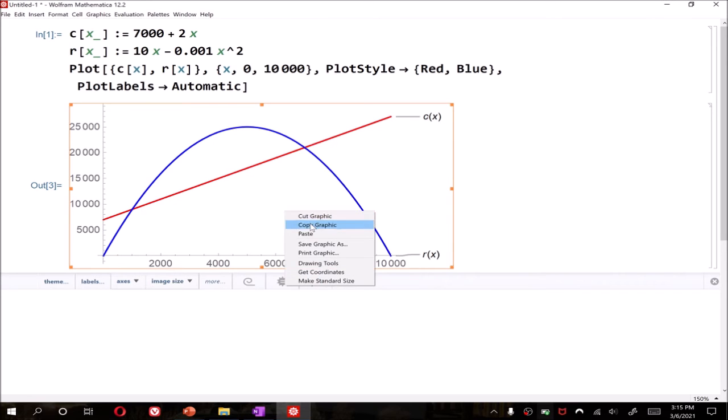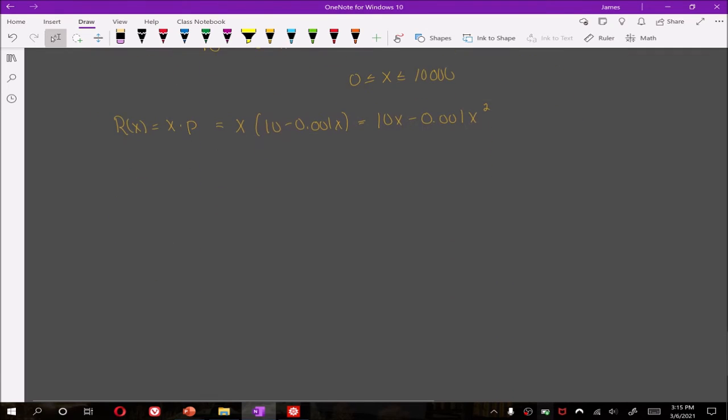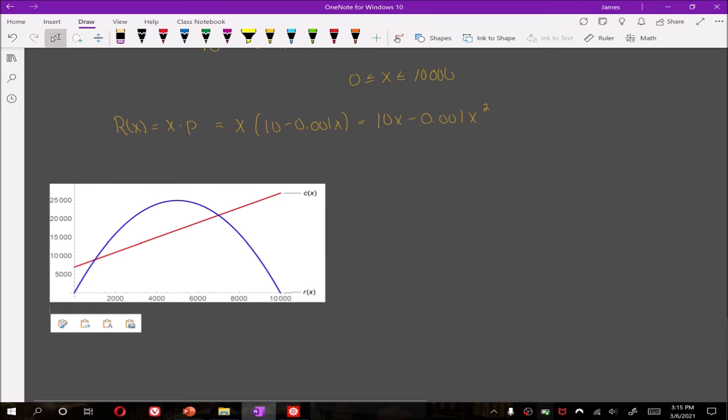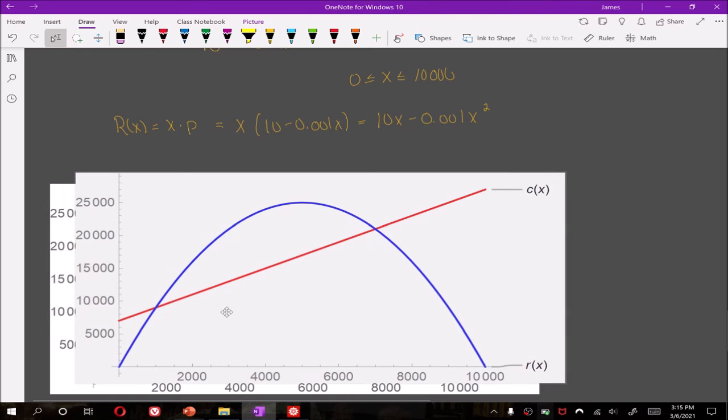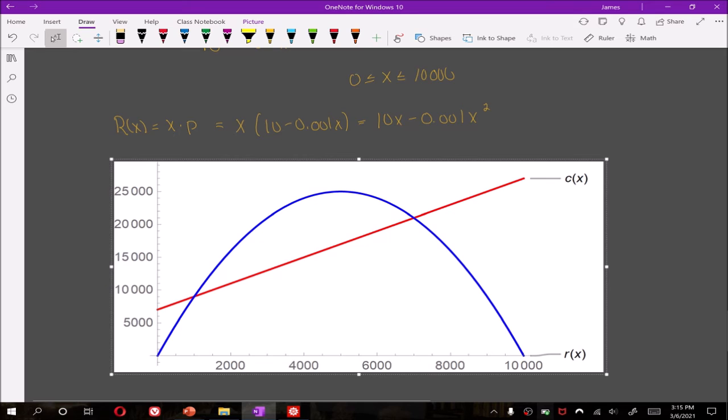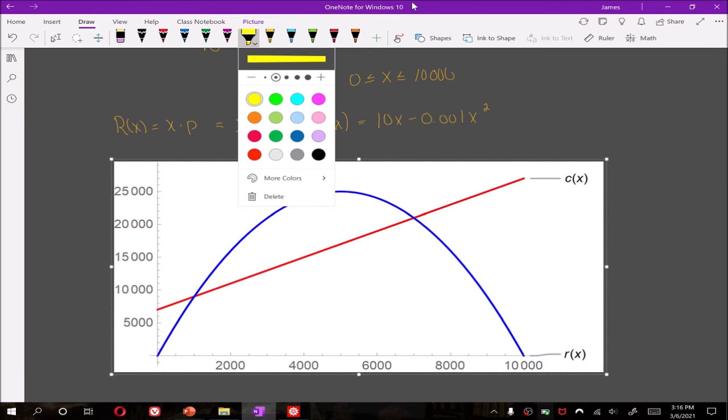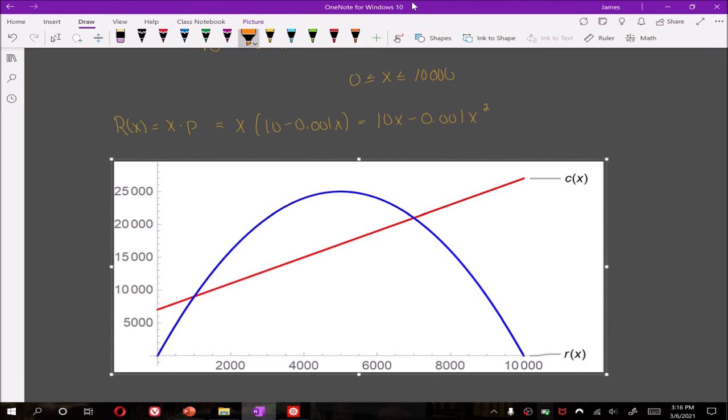Now what I'm going to do is I'm going to go ahead and copy that and bring it back over to here. And the reason for that is so I can examine this. Let's pick a color. Orange will work. I'm actually going to use a highlighter, I think. And we'll highlight in orange.